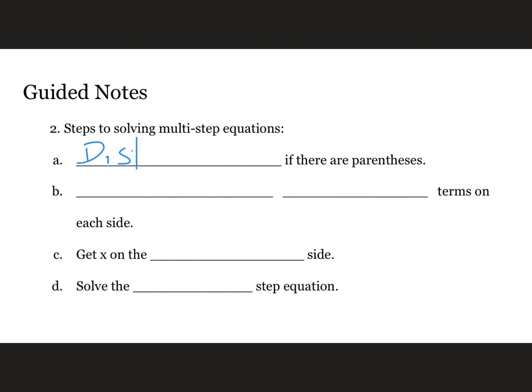We need to be able to distribute if there are parentheses. If there are numbers that are like terms, then our second step here is to combine like terms and get them on each side, okay?